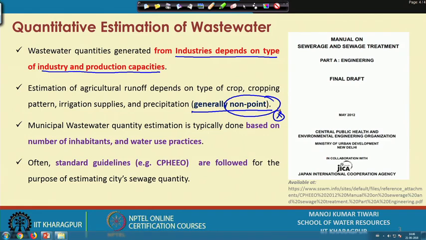Anyway, most of the agricultural activities are centered towards the rural areas and not towards the urban areas. The wastewater coming from the agricultural sector is largely ignored because of its variability, because of its non-point source nature, and because of the difficulty to attend to it, although it may at times carry a very critical pollutant.